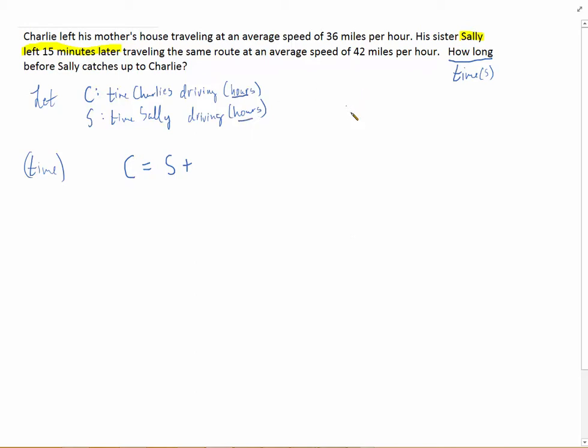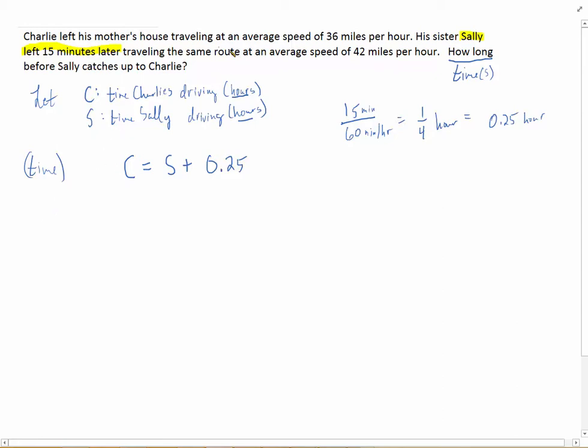So we have to remember that converting 15 minutes to hours, 15 minutes over 60 minutes per hour gives us 1/4 of an hour, or 0.25 hour. So Charlie's time is Sally's time plus 0.25.